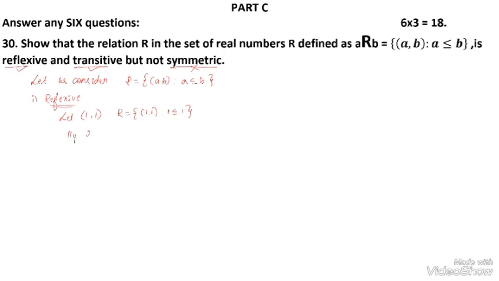Similarly, 2 is less than or equal to 2, such that for every element which belongs to the real numbers. By the definition of reflexive, we can say a is less than or equal to a, such that a belongs to the real numbers.